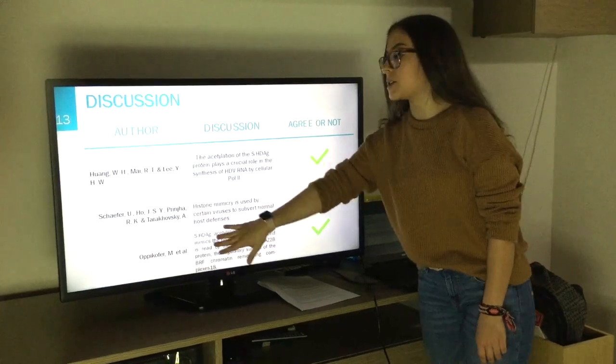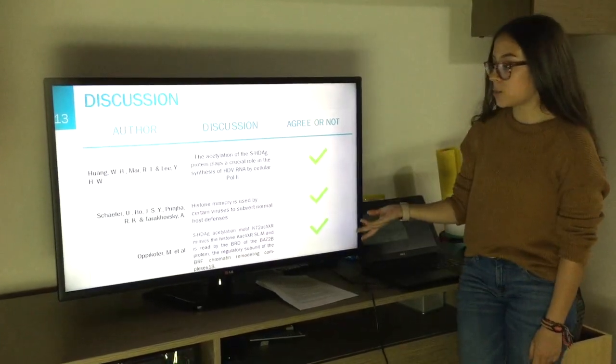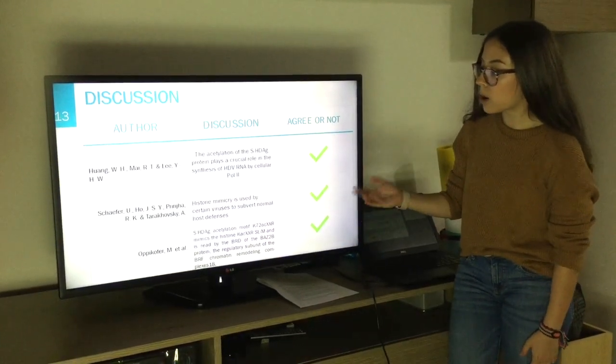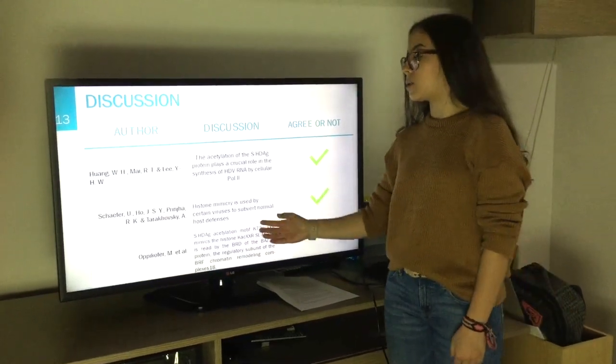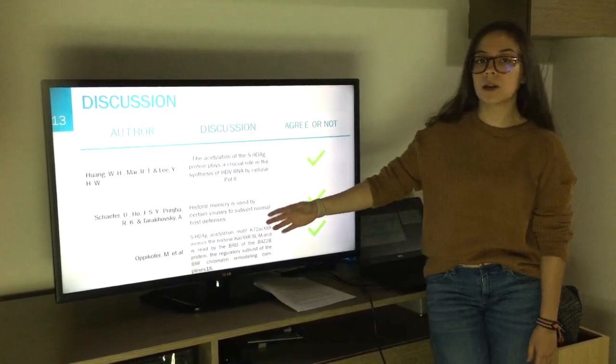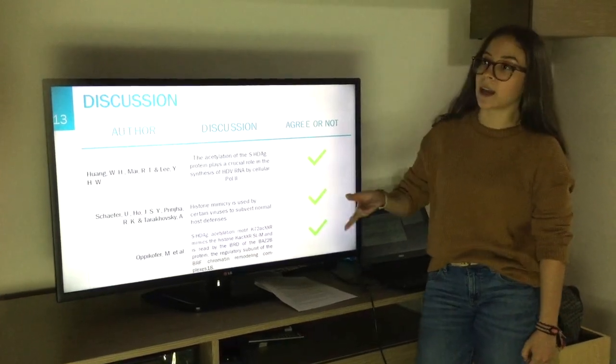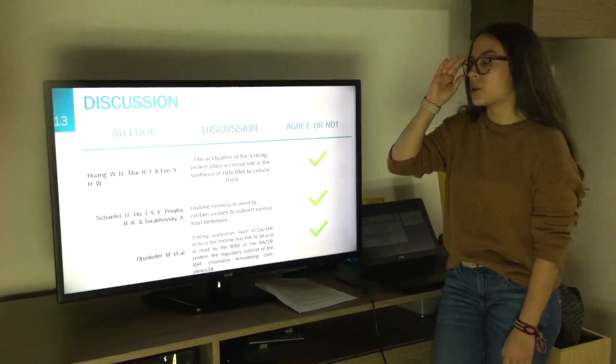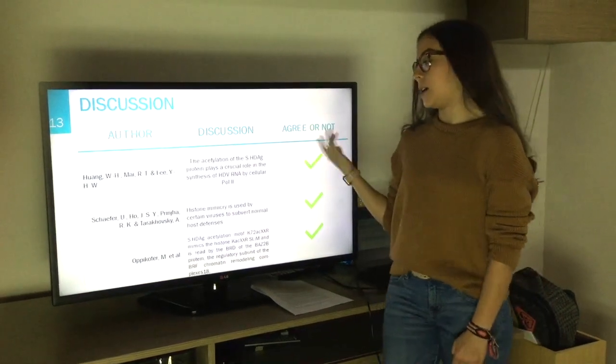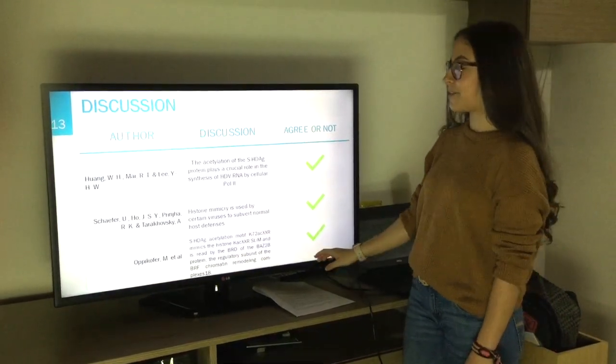The second author said that the histone mimicry is used by certain viruses to subvert normal host defenses. So this is right, because it was the whole point of the experiment, which is that the viruses attack other hosts just to replicate and have effects.